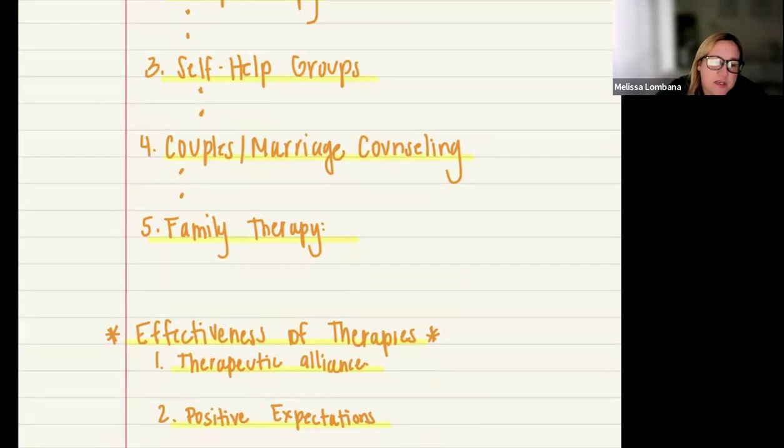And family therapy is basically where the whole family is the focus. It's not just one person. And then they work together with what's called the family system theory, in which everybody in the family plays a role and affects one another.